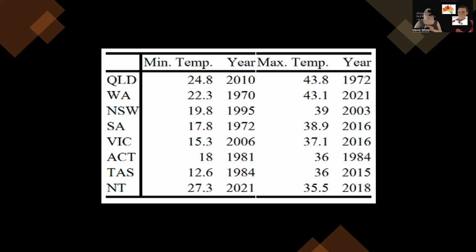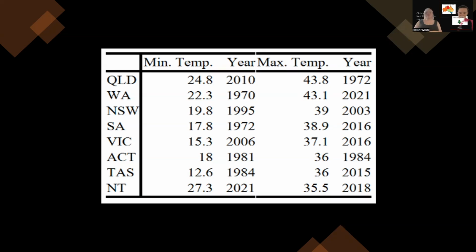WA is the other way around. Perth specifically has definitely been getting hotter over time. Their lowest temperature was all the way back in 1970, and their hottest year was only 2 years ago.